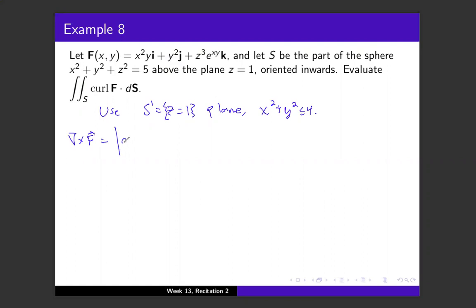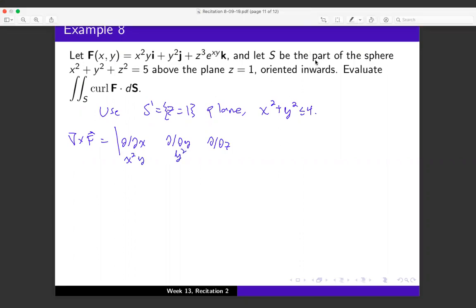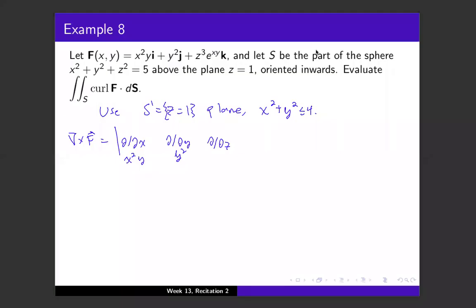The curl of f, del x, del y, del z, x squared, y squared, excuse me, so y squared, and we get, in the last coordinate, z cubed e to the xy. i, j, k.